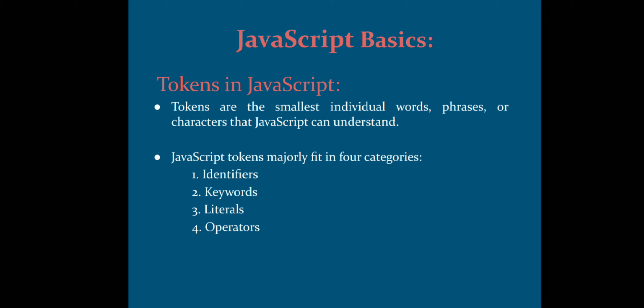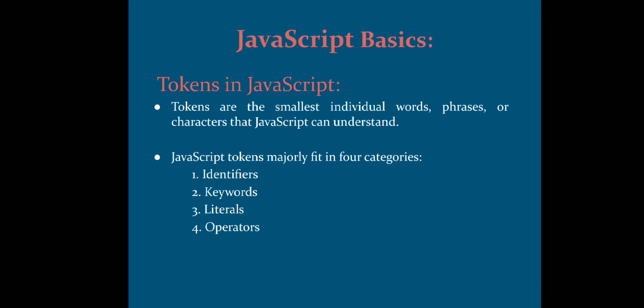Tokens are the smallest individual units in a programming statement. By using tokens, we constitute program statements, and a group of program statements or a group of instructions constitute a program, and a group of programs is a software.